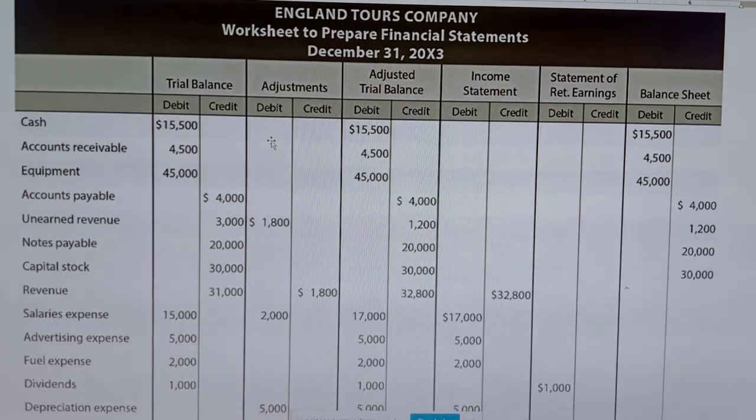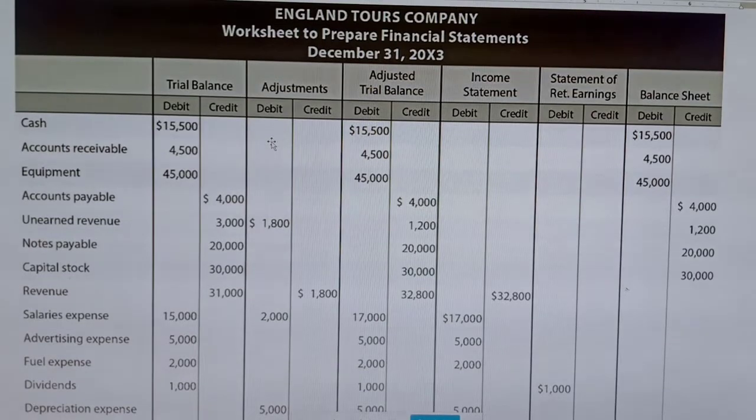Okay? At pangalawang dapat tandaan, pag parehas debit yung data, debit yung data sa trial balance at debit din yung data under ng adjustment, ang gagawin lang ay i-add lang yung dalawang debit na to and then is equals to debit. Okay? Parang debit plus debit is equals to debit.